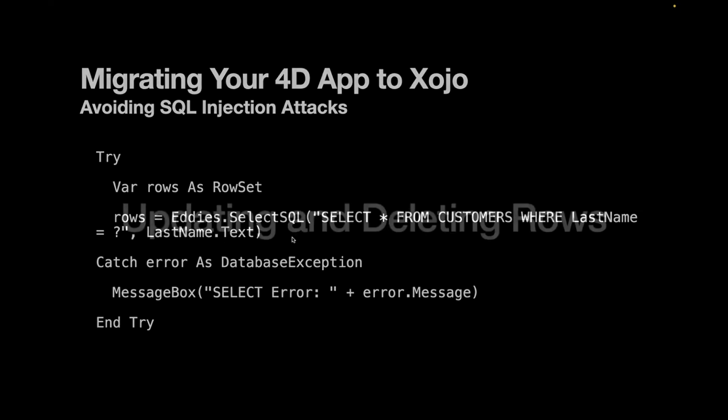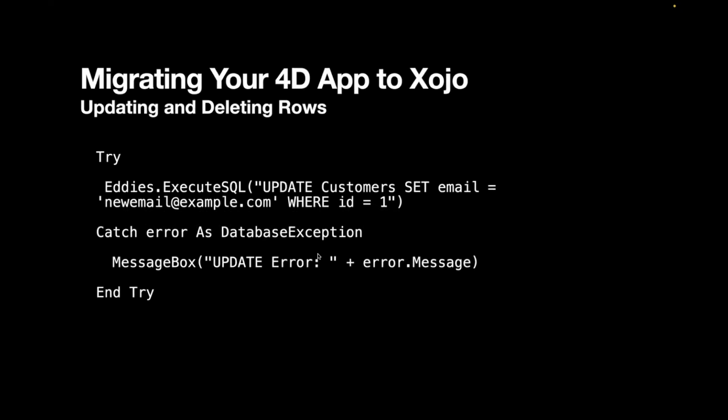It's really straightforward. Now, updating and deleting rows. It's the same kind of deal. You have whatever you called your database object. In my case, I'm calling it Eddie's. It was called SQLite1 in the example I was using, but you just call ExecuteSQL and you give it the SQL statement. It's really that simple.